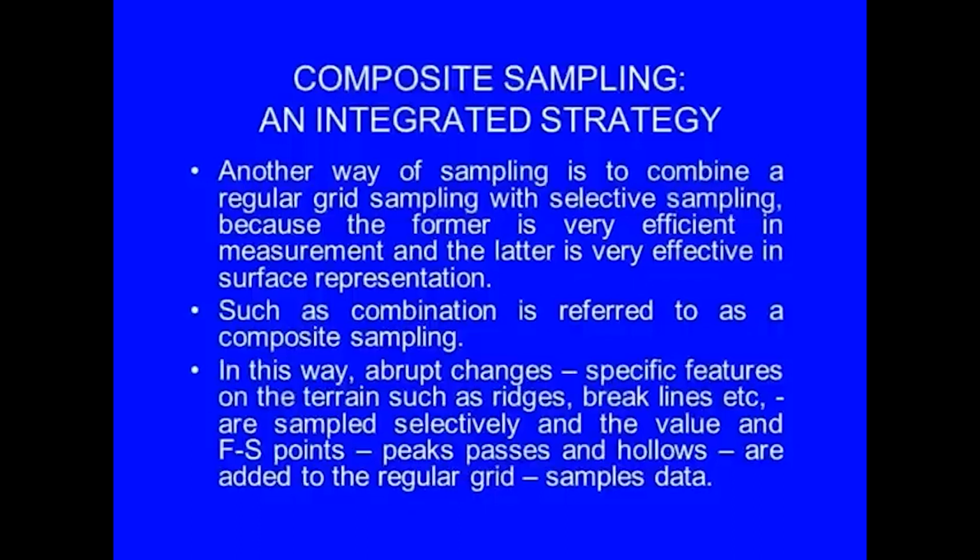In this way, abrupt changes and specific features on the terrain, such as ridges, break line, etc., are sampled effectively, and the feature specific points, that is peaks, passes and hollows, are added to the regular grid sample data.